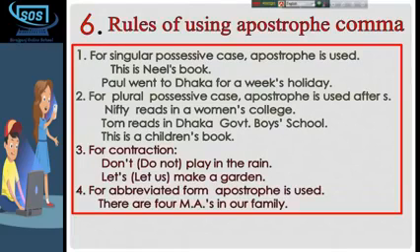If we turn the non-contracted form into contracted form, we will write don't. Here, o is omitted. In the same way, let us becomes let's. Here, u is omitted to build up the contracted form. For abbreviation, for plural abbreviation, we also use the apostrophe.